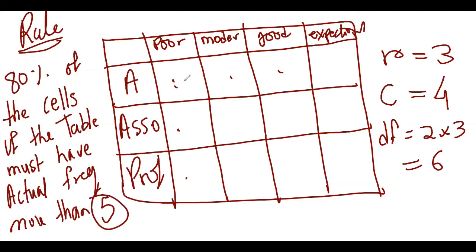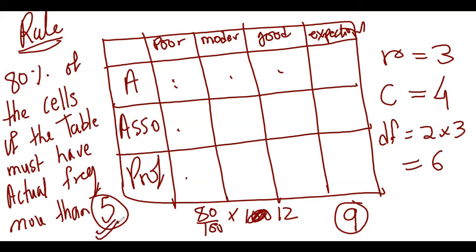1, 2, 3, 4, 5, 6, 7, 8, 9, 10, 11, 12. So 80% of 12 is approximately 9. It means at least 9 cells should have an actual frequency of more than 5.